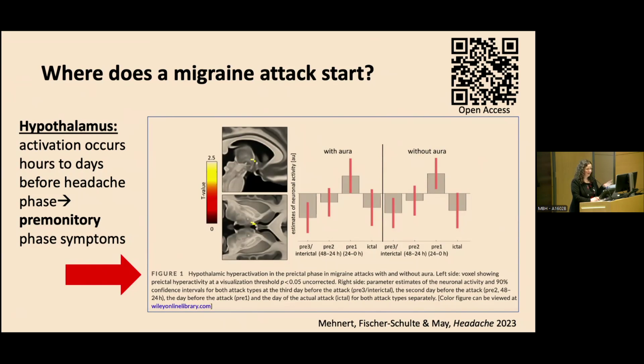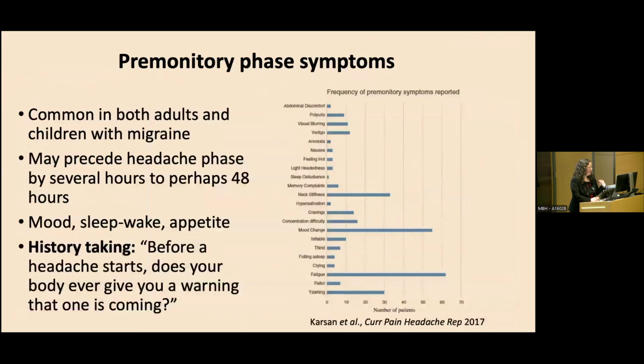So before there is any headache, often patients will have premonitory symptoms. These might be things like photophobia or phonophobia, but they can also be food cravings, increased micturition, fatigue, irritability. Here are some examples of different premonitory phase symptoms, but they're things that naturally map back to the hypothalamus.